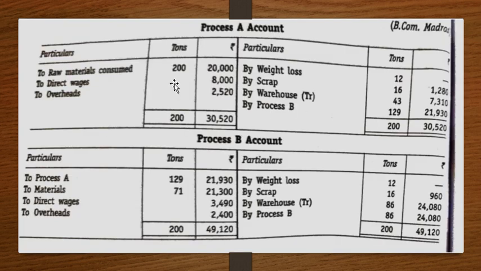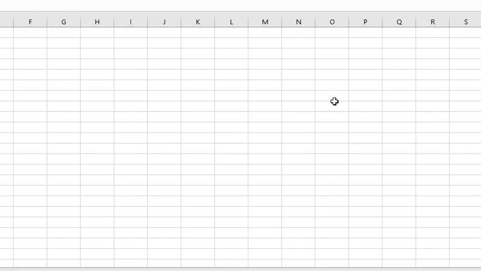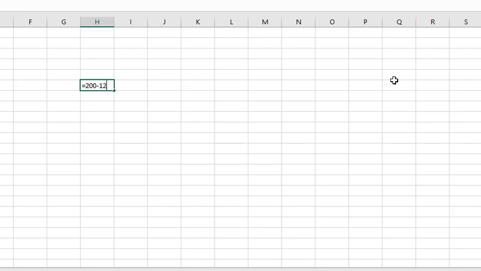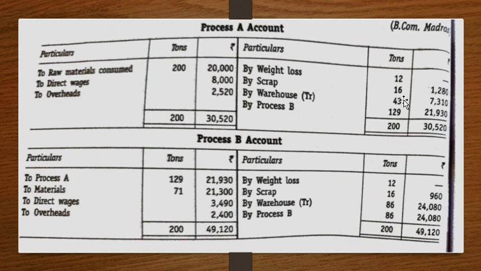So now we have 200 units, we have weight loss 12 and scrap 16. So what is the remaining units? Here we have the raw materials consumed as 200. So 200 minus 12 tons, which is the weight loss, minus 16, which is the scrap.